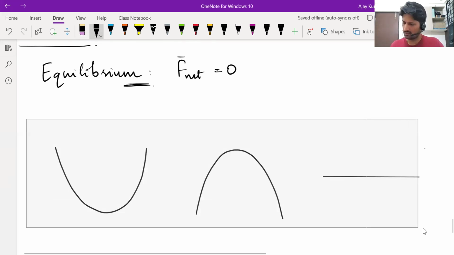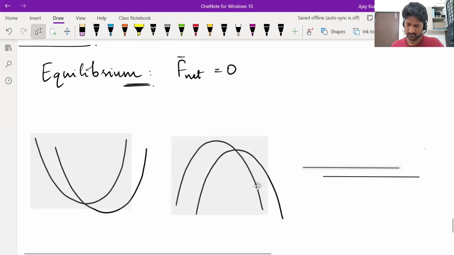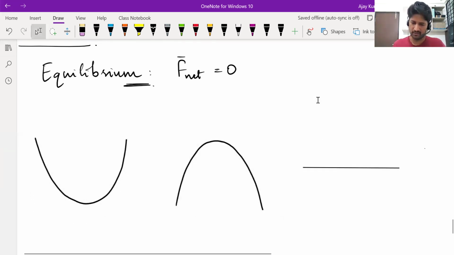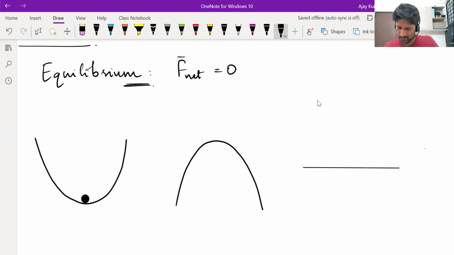These are all rigid surfaces. So the side view looks like a curve like this. Consider a ball here at the lowermost position in the bowl. And consider a ball here exactly at the topmost position. And consider a ball here on this surface. Let's call them cases A, B, and C.